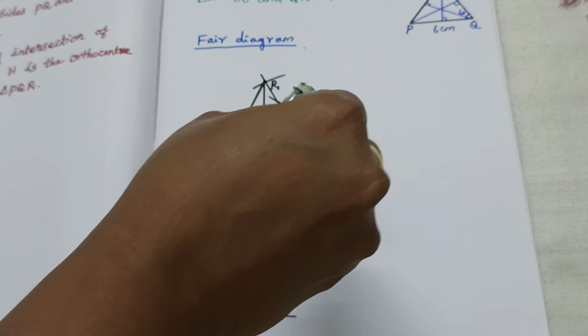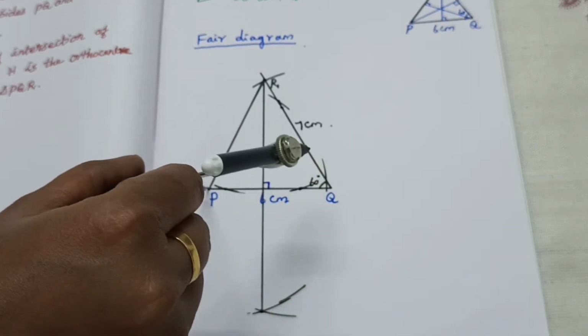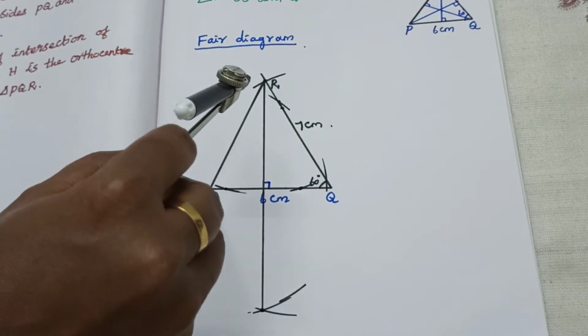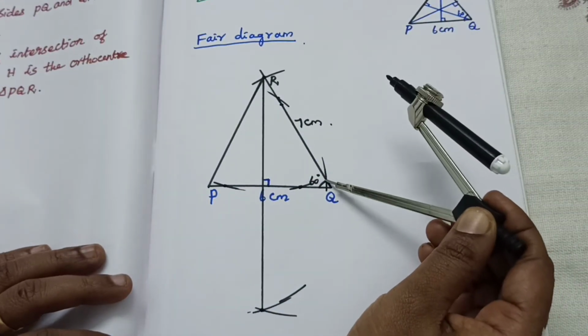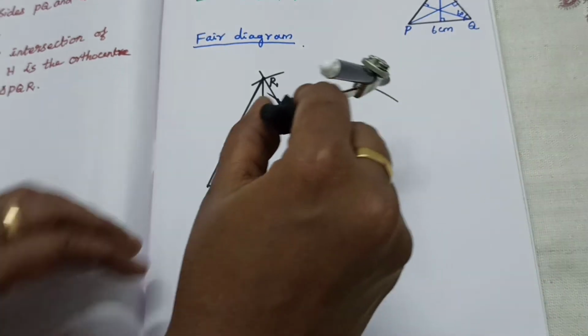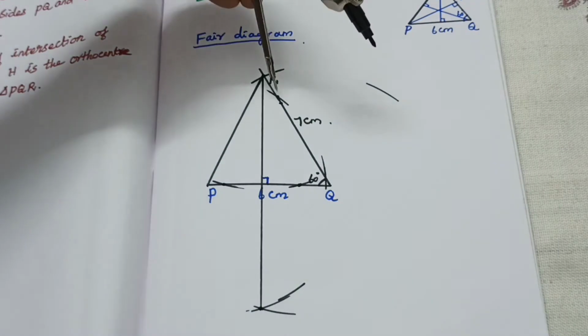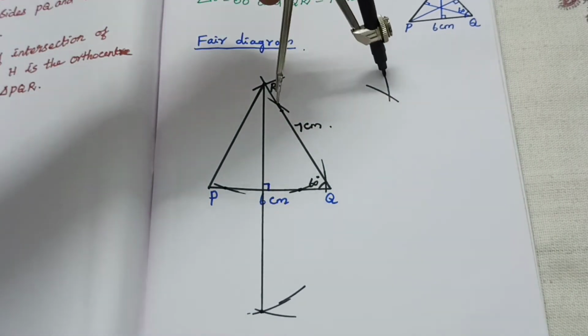In opposite side two arc you have to draw. This same measurement you keep it here and draw the arc. Like that. Keep it here and draw the arc.